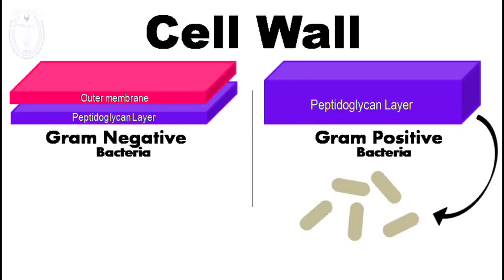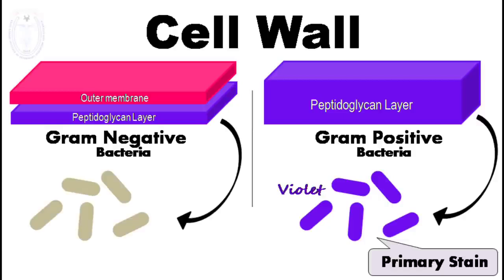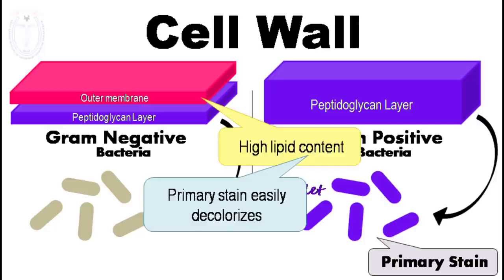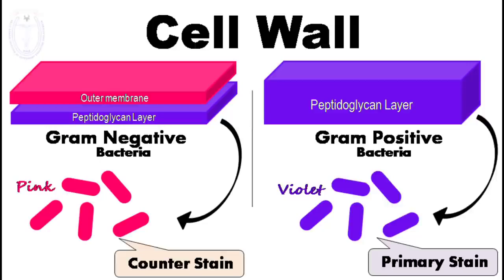So, the gram-positive bacteria fix the primary stain and appear deep violet. But the gram-negative bacteria do not fix the primary stain due to their thin peptidoglycan layer, and also get easily decolorized with methanol due to high lipid content in the outer membrane. So finally, it takes the counterstain and appears pink.